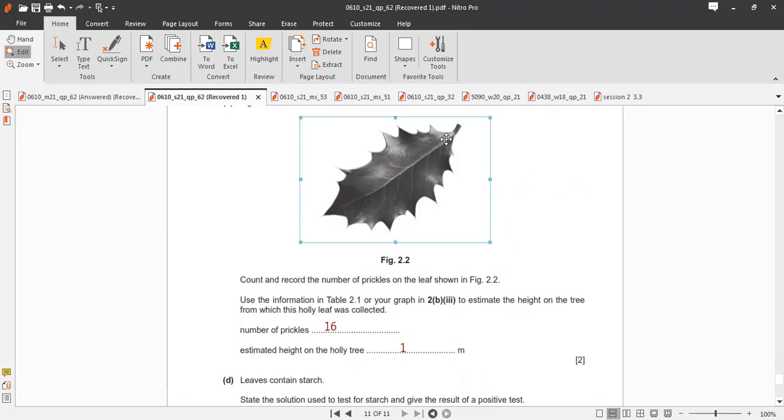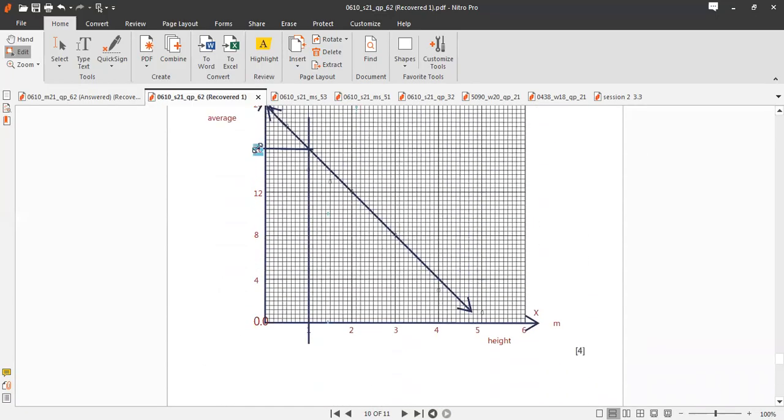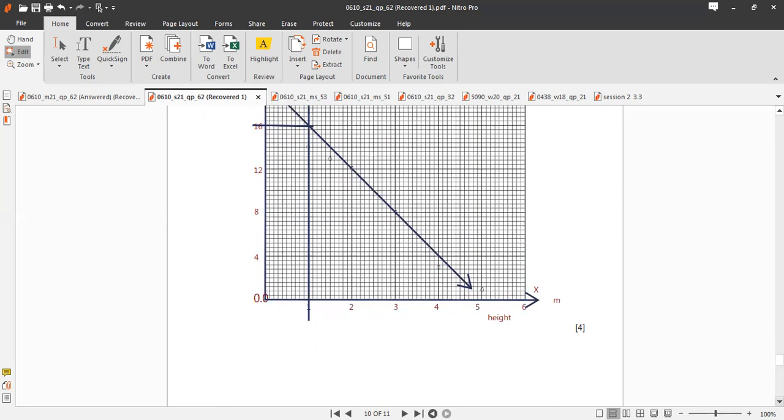Let's count. 1, 2, 3, 4, 5, 6, 7, 8, 9, 10, 11, 12, 13, 14, 15, and this one 16. Estimated height on the holly tree from the graph: here 16, so the height equals 1 meter.